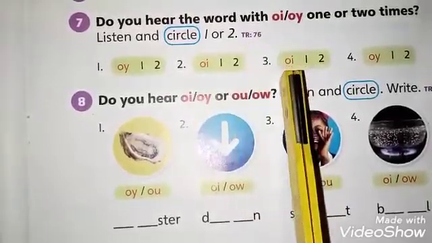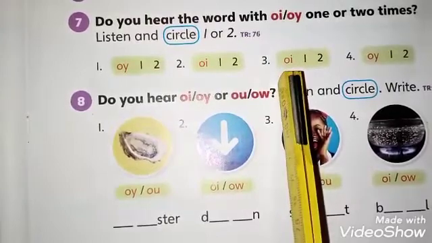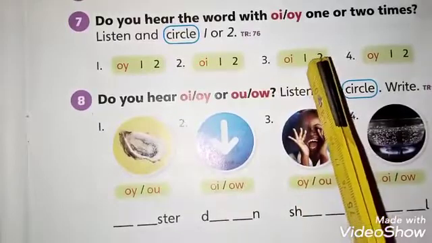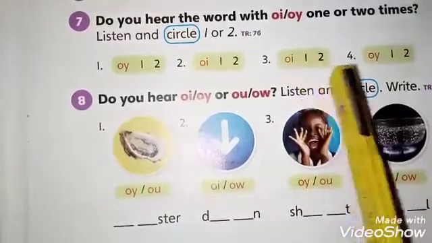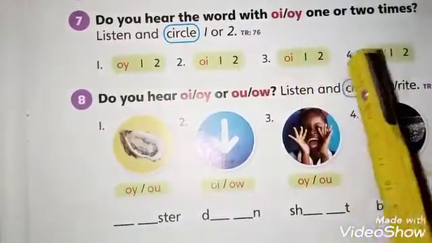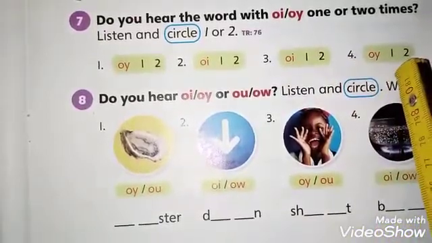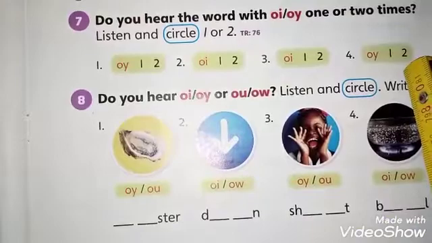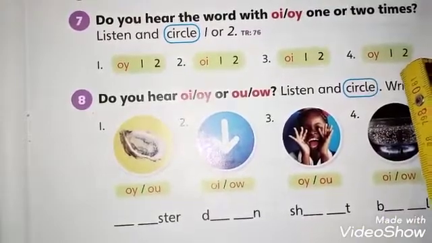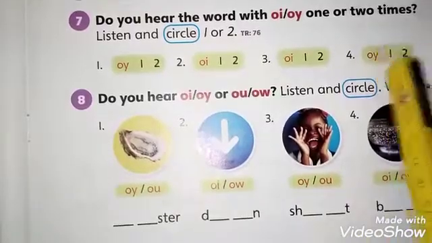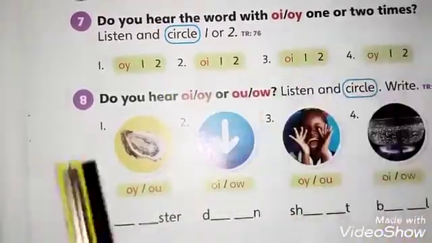And number 3, we have the word noise. There's a noise in the school. We heard the word twice. You're going to circle twice. And number 4, we have the word soy and so. Soy and so don't have the same sound. So it just has soy, which is 1. You're going to circle 1, okay?